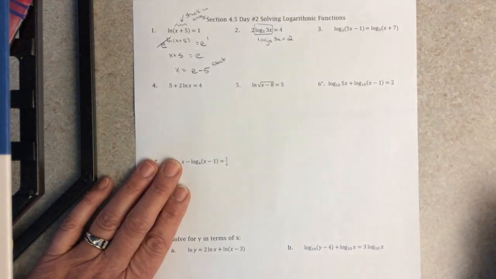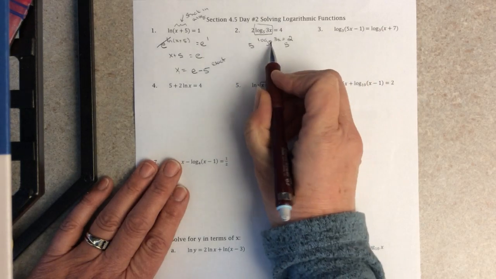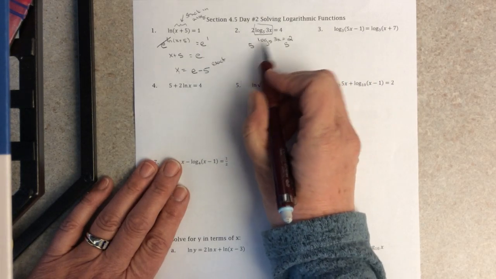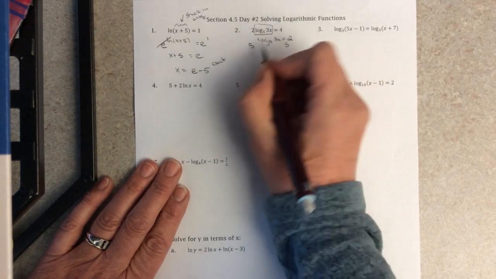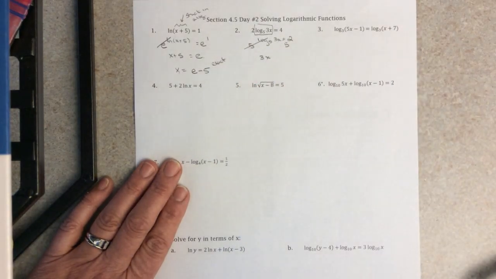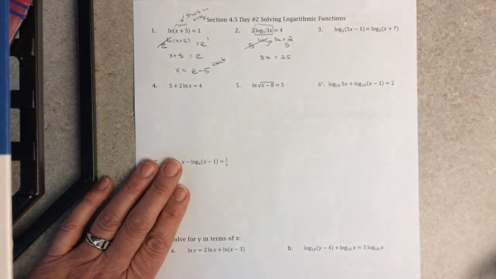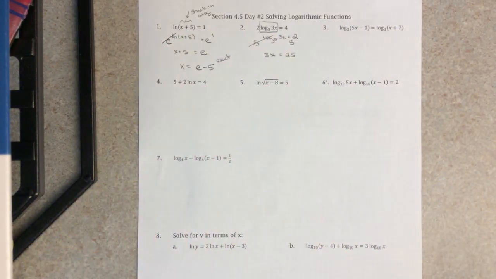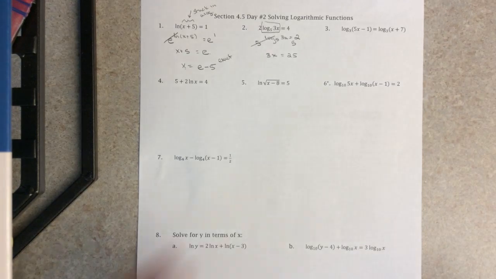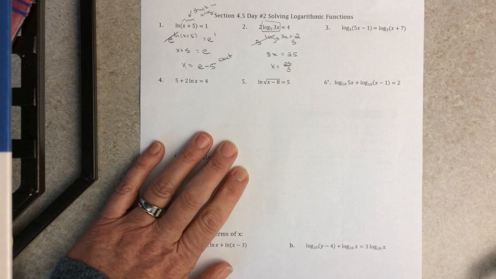So divide both sides by 2, and then we'll use the number 5, that's the base of this log, to create an exponential that will leave us with just the argument of the log, which is 3x. But that means on the other side we have the number 25, because we're going to use 5 as a base on that other side as well. And then we just have to divide to figure out what x is.